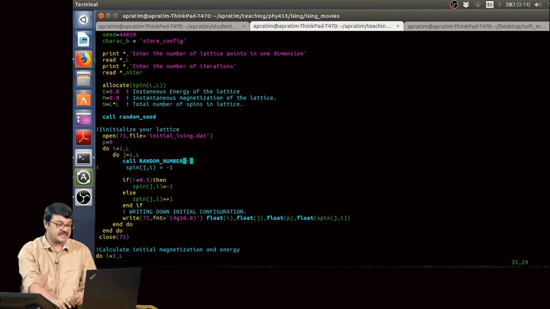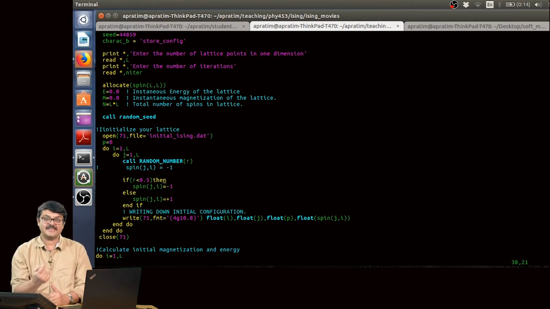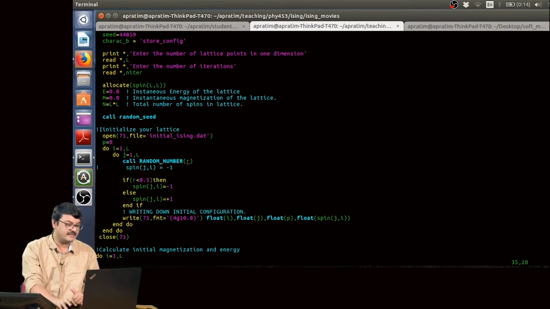Then you are generating a random number here, called r. The random number is stored in this variable r, and here I am choosing a random initial configuration, which means that you go to each site in the lattice and with equal probability you assign the value of the spin at that lattice point to be either plus 1 or minus 1, right. So, how do you do that? You basically generate a random number r, and check if that random number r is less than 0.5.